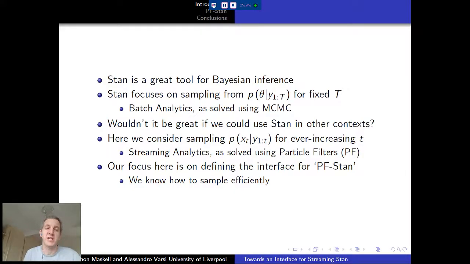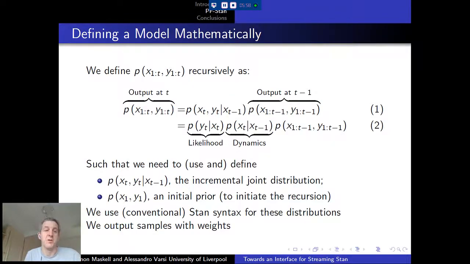What we're focusing on here is how we can describe the models that are pertinent to particle filtering in the STAN syntax, such that when we generate an open source variant of STAN that can handle these kinds of problems, the interface is specified in a way that the users, that's you, would be aware of and would have commented on now, so that we can anticipate any issues that you can spot with what we're planning at this present time.